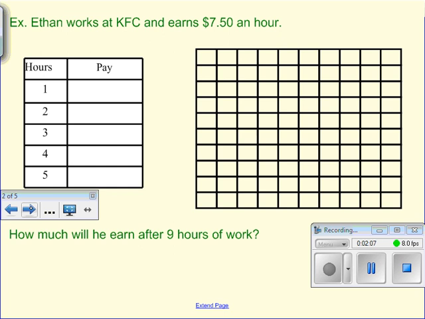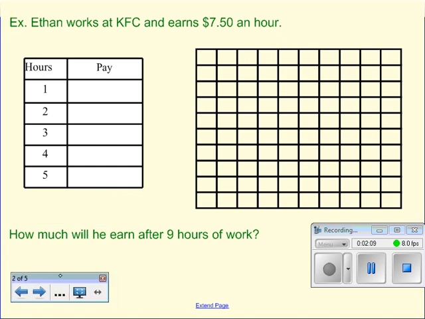Now let's look at an example. I have Ethan, and he works at KFC, and he earns $7.50 an hour. I'm not sure if that's actually the minimum wage right now, but let's just go with it. So I know that Ethan, after 1 hour, will earn $7.50. After 2 hours, he's going to earn $15.